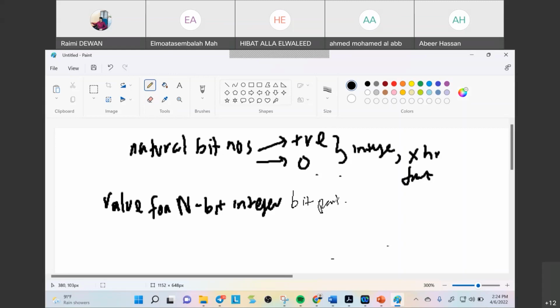What is the formula for the value for n bits? For example, here it is 3 bits: the value for a 3-bit integer bit pattern.